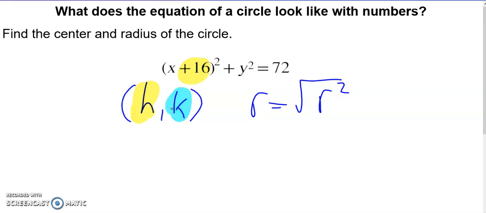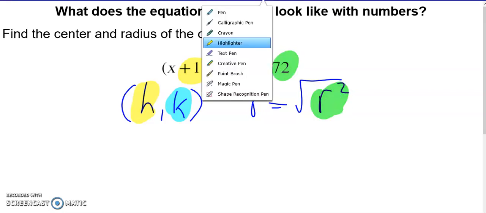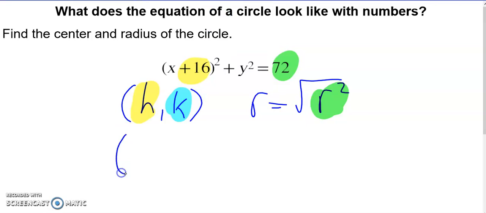K is located, there's no parentheses, so here's your hint: there is nothing inside the parentheses with the y. So h is going to be negative 16. There's the x value of my center. There is nothing in the parentheses with the y because there is no parentheses, so k is 0.